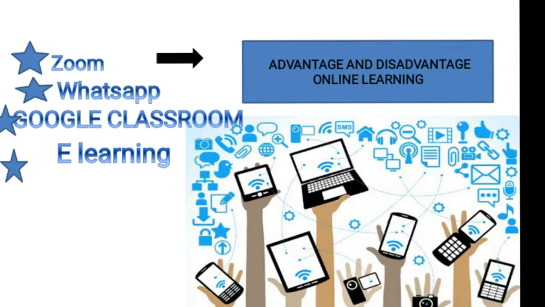Okay, in online learning, students are required to be able to use technology because in online learning, teachers usually use platforms such as Zoom, WhatsApp, Google Classroom, Google Meet, e-learning, and etc. In using technology, students are required to always have an internet package and a good network.